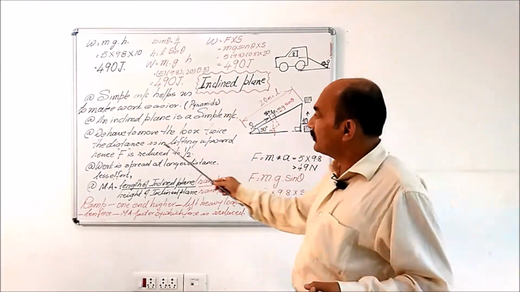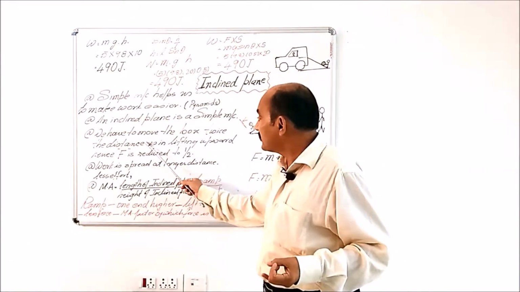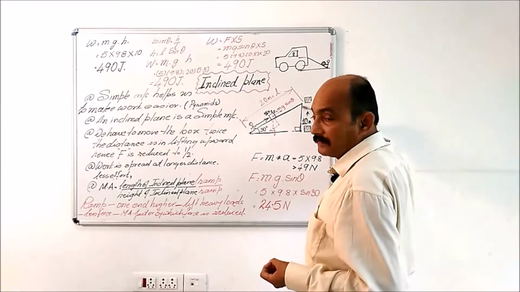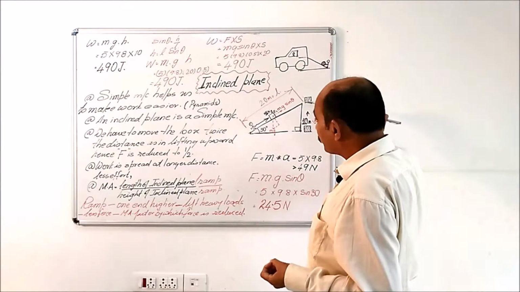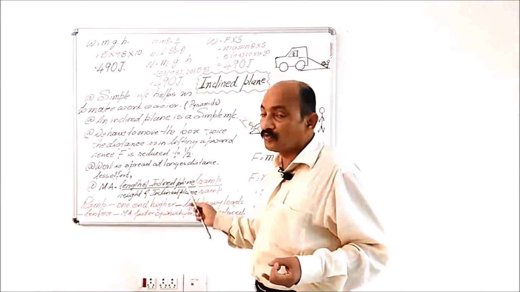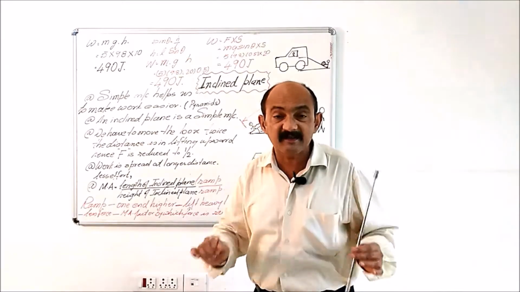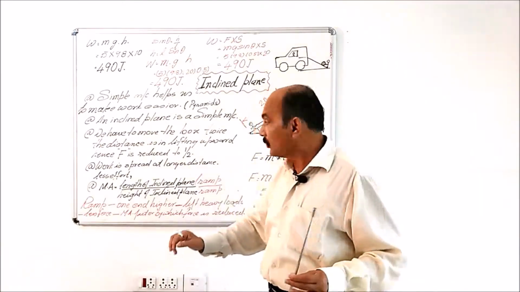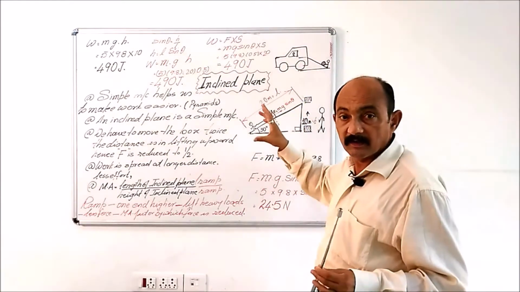From this calculation, we can see that we have to move the box twice the distance as in lifting upward. Hence, force is reduced to half. So, in an inclined plane, you require less effort or less force to push the load, than you are lifting it upward. Is it clear?